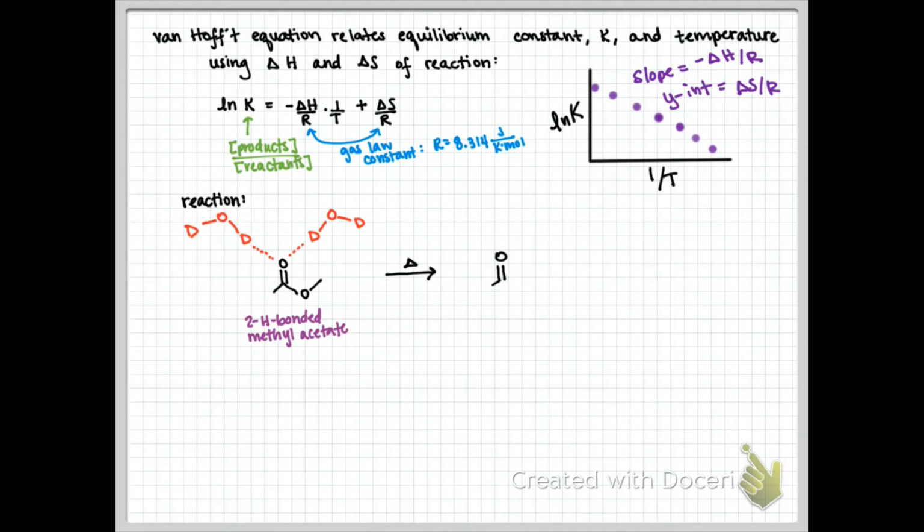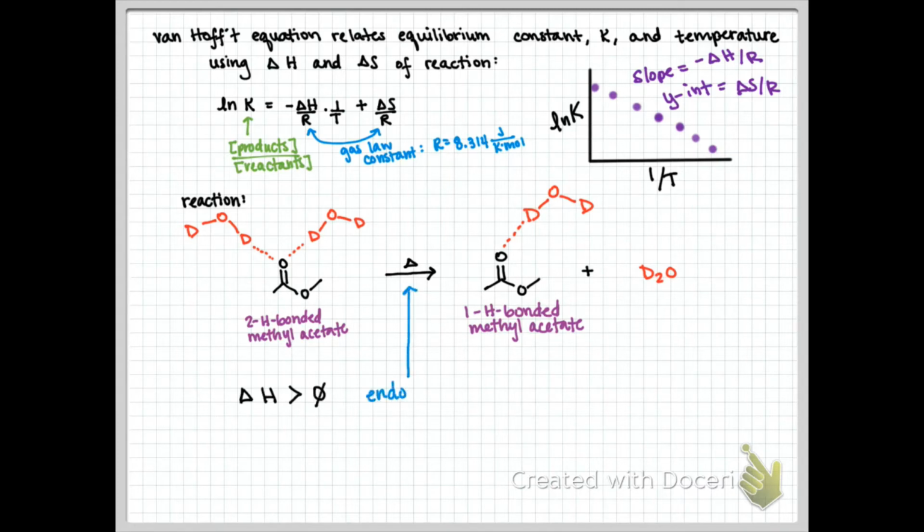And if we add heat to this system, we will break one of the hydrogen bonds, forming a single hydrogen bond from one water molecule to methyl acetate, plus a free water. So we'll have the following reaction. We're going to have delta H greater than 0.